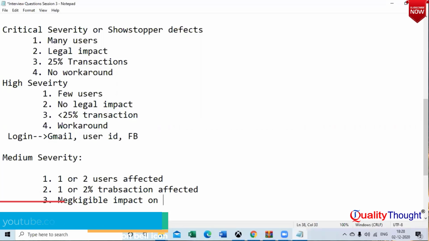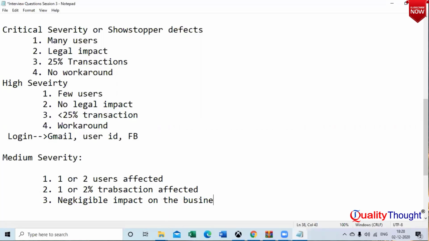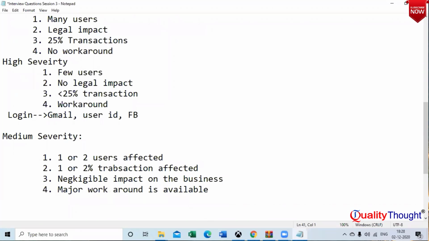A major workaround is available. So when one or two users are affected and a major workaround is available, you give medium severity.